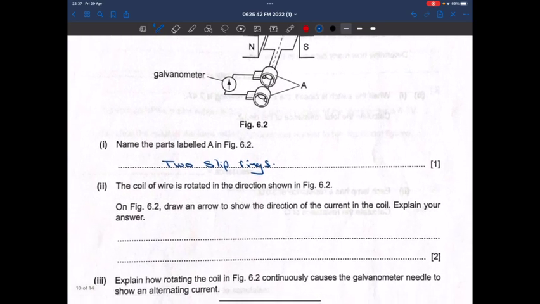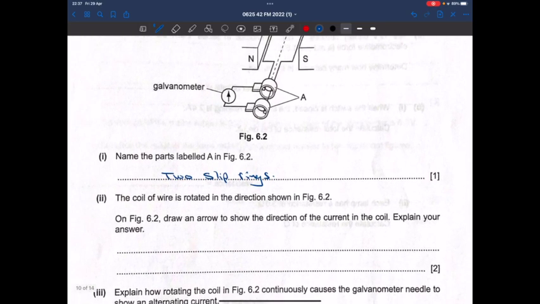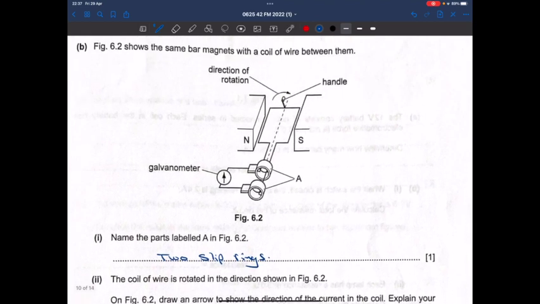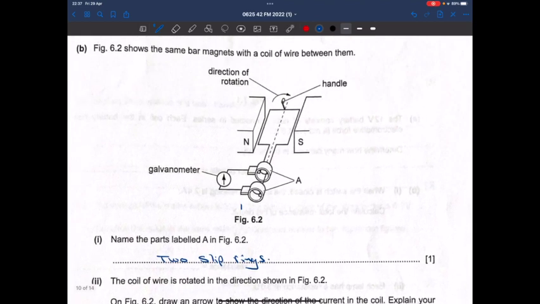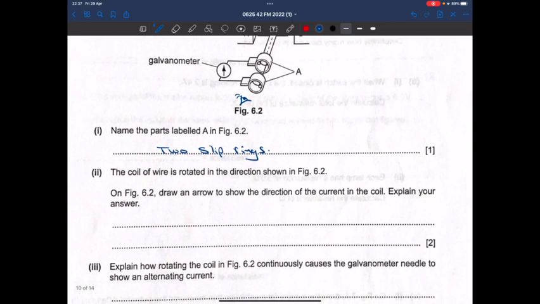Fine. The coil of wire is rotating in the direction shown in figure 6.2. Let's see the direction here. If my eye is in this position, I'm going to see the rotation as clockwise, right? So in figure 6.2, draw an arrow to show the direction of the current in the coil. Explain your answer.